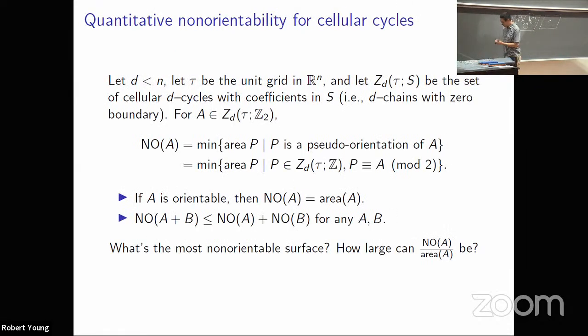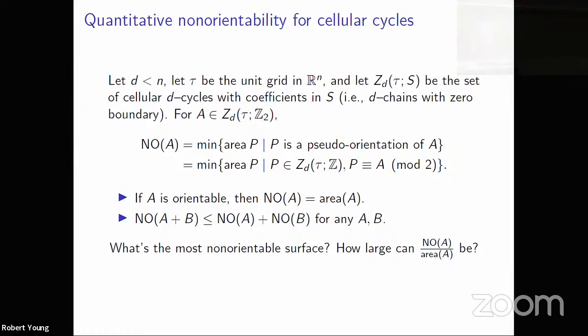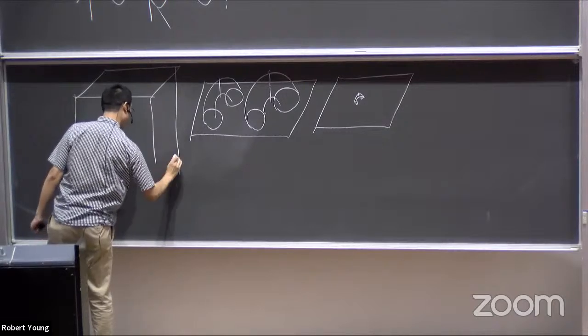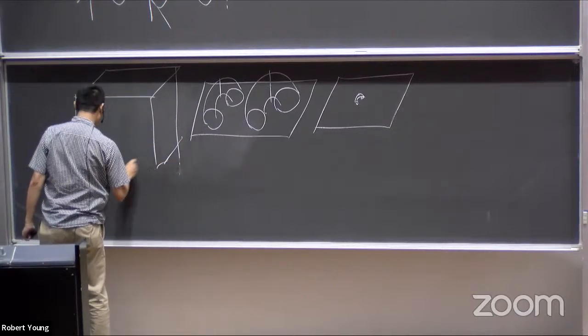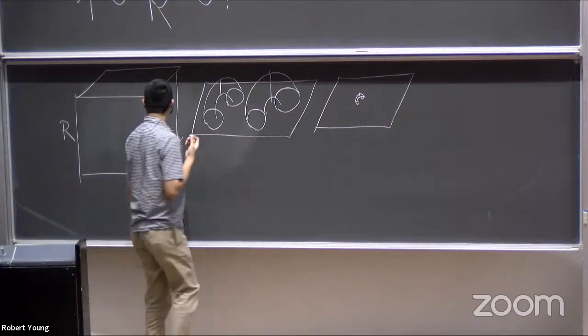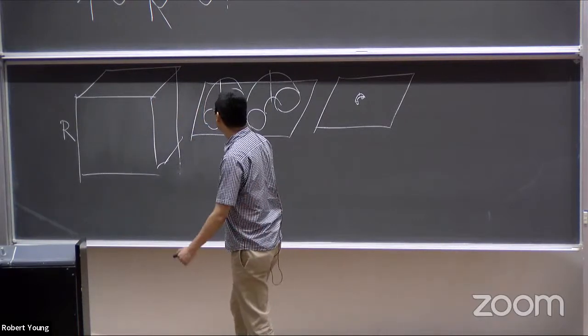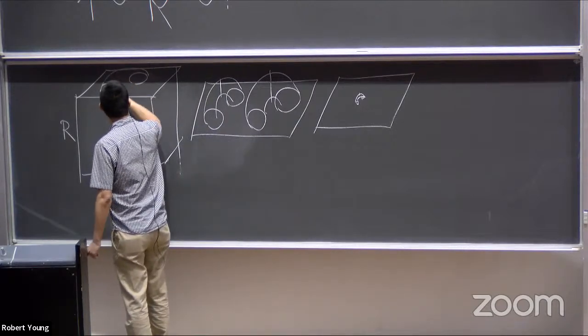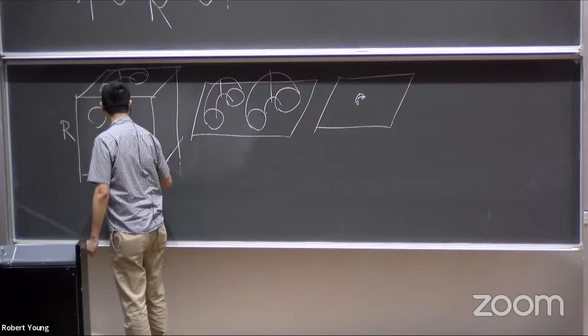So what we can do is we can start with a cube. Say we have a cube of side length r. And then we can add, this is orientable, so we're going to add some cross handles to make it non-orientable. Let's start by adding cross handles on each face.